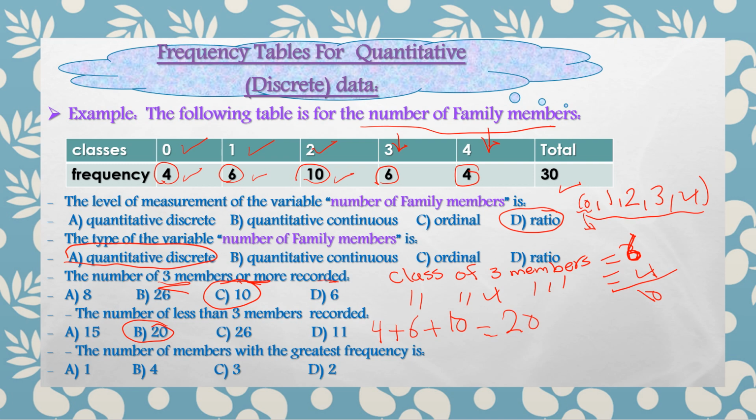Another question: the number of members with the greatest frequency is. Here, by looking at the frequency table, we can see the highest frequency is 10, and this is for the class of 2 members.